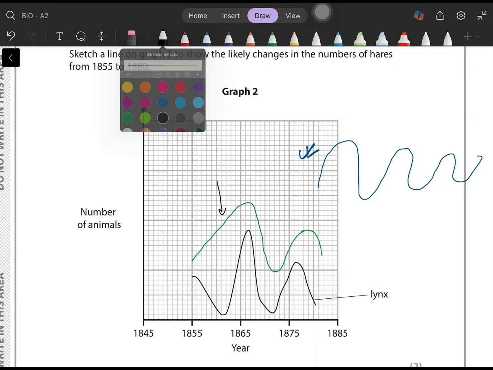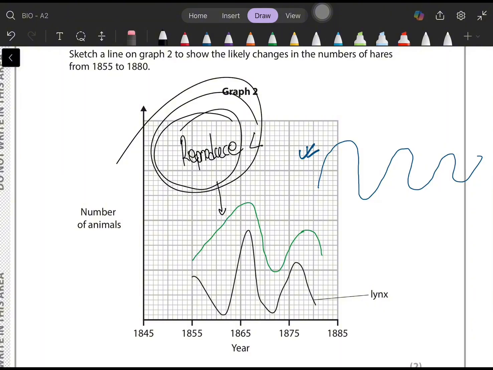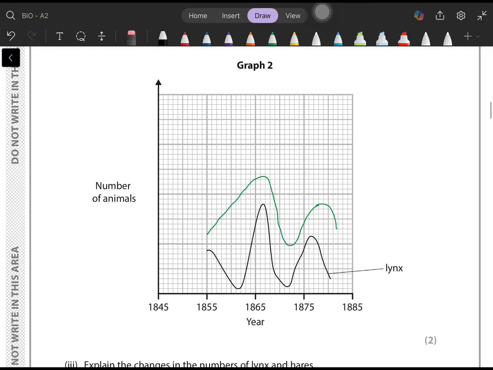The number of hares dying is less than the number of hares being reproduced, and hence the number of hares increases. And again, when the number of lynx is the greatest, the number of hares starts to fall. So basically you have to know this: the number of predators and the number of prey oscillate between two extreme points.